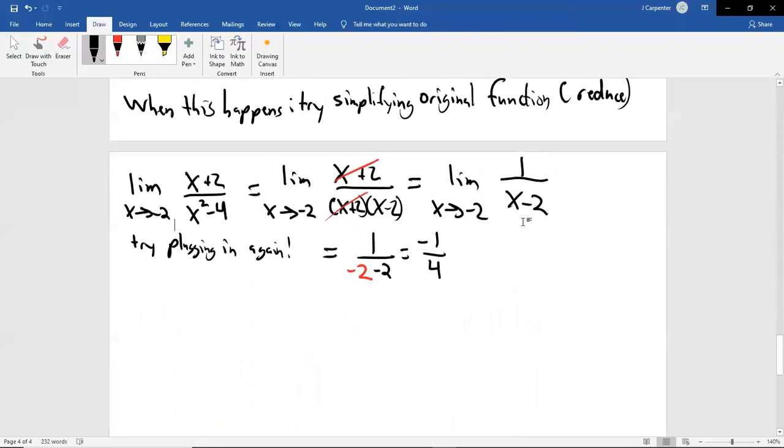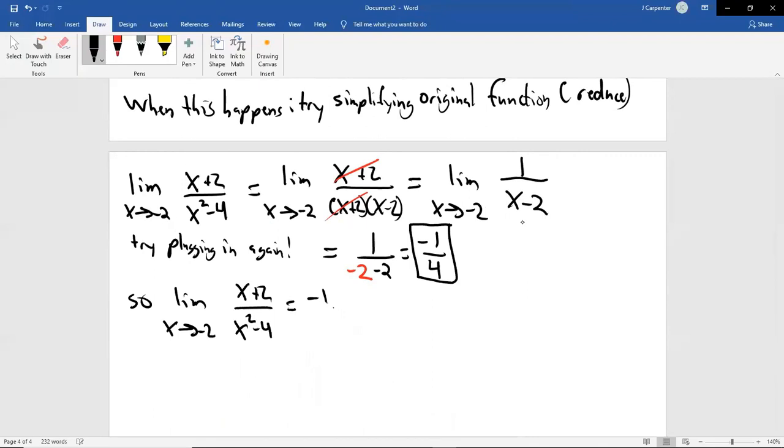I thought I made a mistake and I didn't. Look at that though. So the limit as x approaches -2 for x plus 2 over x squared minus 4 is equal to -1/4, the same answer we got graphically earlier.